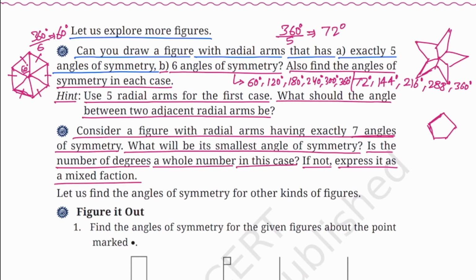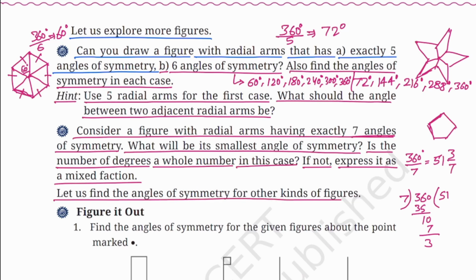If it has 7 angles of symmetry, then the minimum angle of symmetry will be 360 degrees divided by 7. That will be 51 whole 3/7. Let us find the angles of symmetry for other kinds of figures.